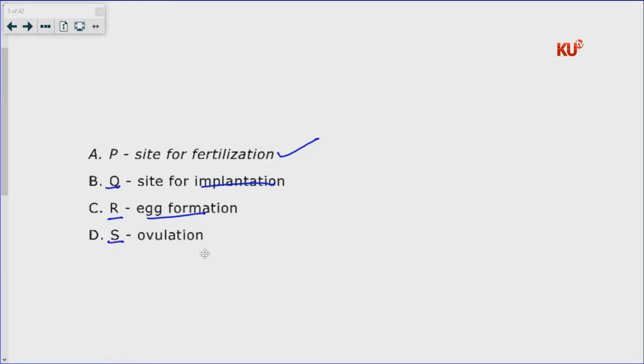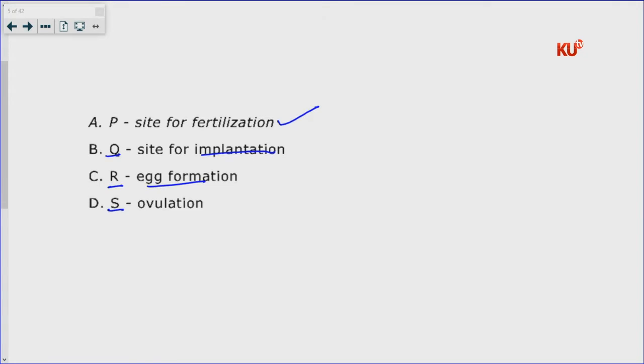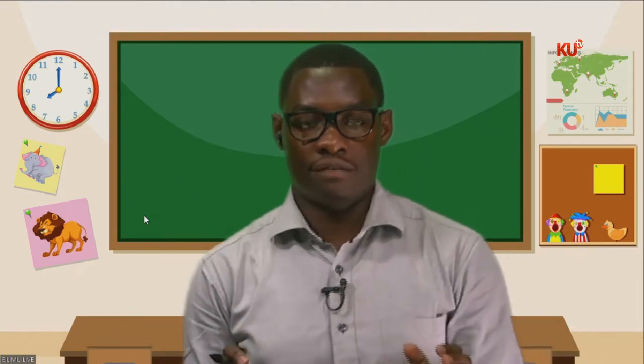S was the vagina, and the function of the vagina is that it's used as a birth canal. So our right answer, KCPE 2016, number 5, was A. P, site for fertilization. Okay, we move on and we look at the male reproductive system.